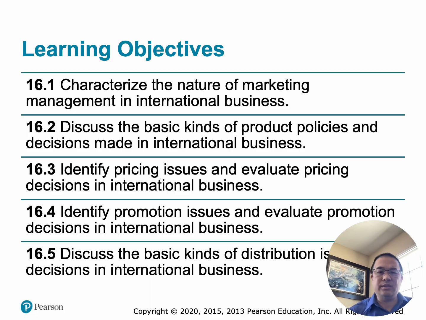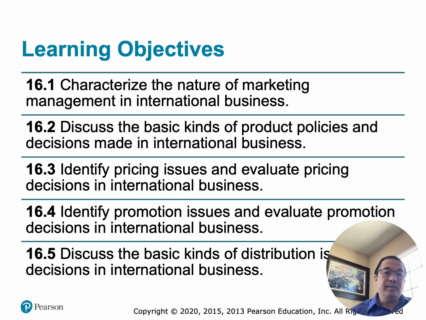How does culture affect buying behavior? As an example, McDonald's uses different menus in different countries because consumer tastes vary. The main lesson here is that international marketing requires understanding cultural, economic, and legal differences among countries.